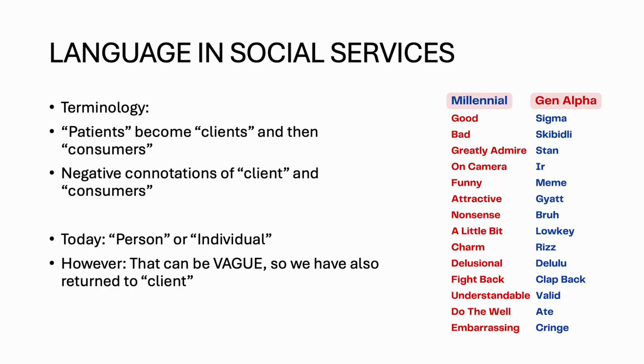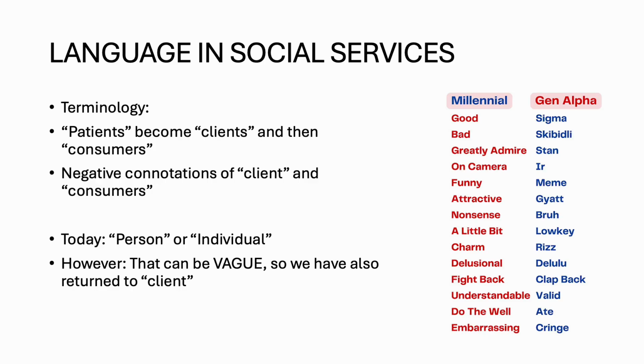And so today's language for the person you're working with is person or individual. But you know what? That is pretty vague as well, right? Sometimes when you're writing and you just say the person, people are going to go, wait, who's the person? Is that the client? So really the client is now coming back to being used again. That's something you want to think about.